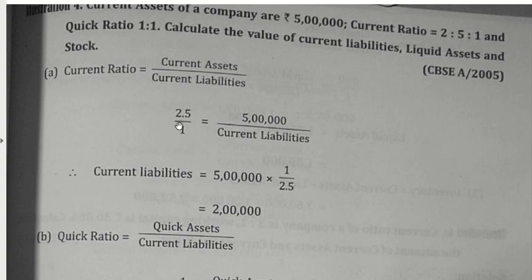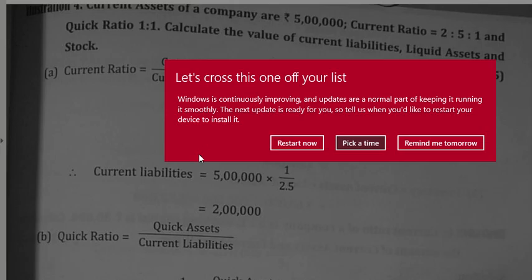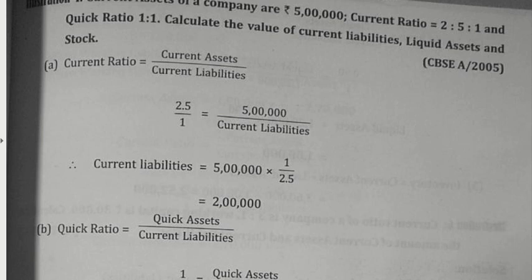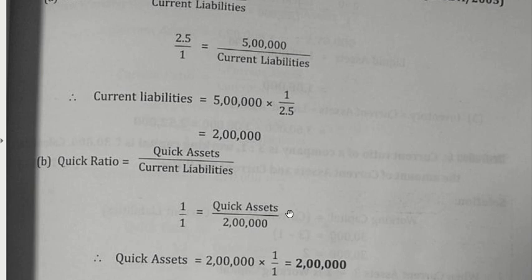So you'll put it in this form: 2.5 divided by 1 is equal to current assets, 5 lakhs, divided by current liabilities. So you cross multiply, current liabilities equal to 5 lakhs into 1 by 2.5. So you get your current liabilities to be 2 lakhs.